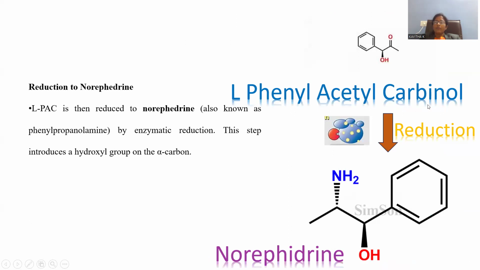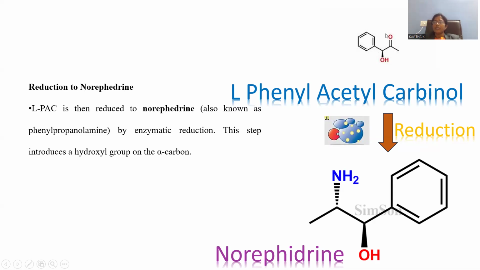Whatever L-phenyl acetyl carbinol is generated is further subjected to a process called reduction under enzymatic conditions. The entire process is carried out within the plant, right? So we can say it is a biotransformation, right? Enzymes are used to reduce this acetyl carbinol. Wherever a ketone is there, that ketone is transformed into an NH2 functional group.